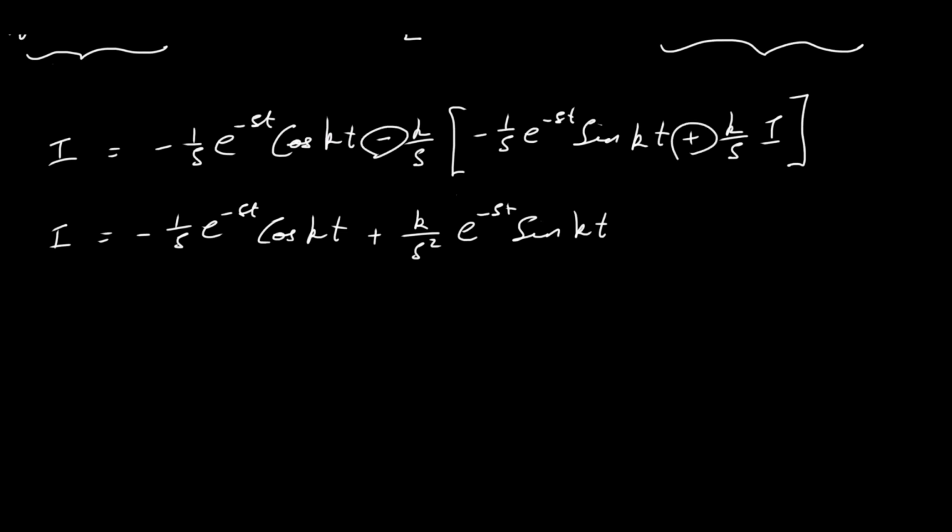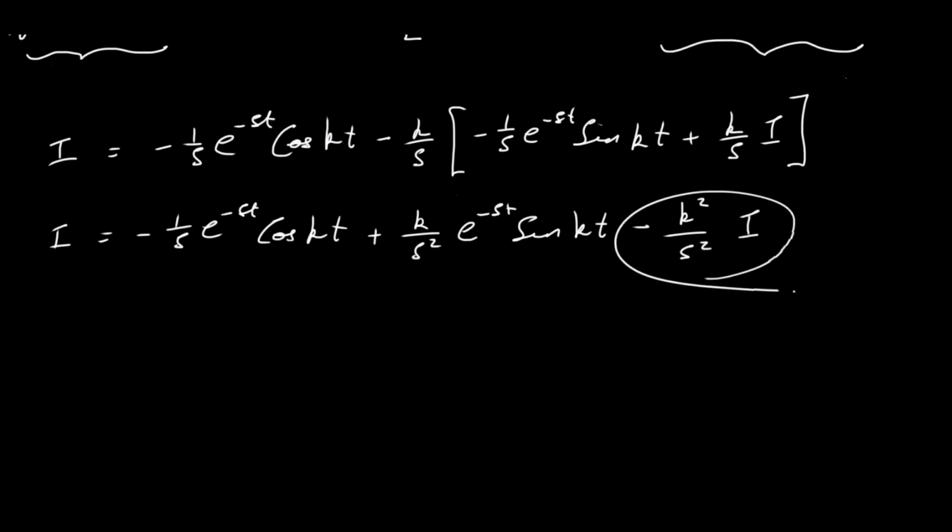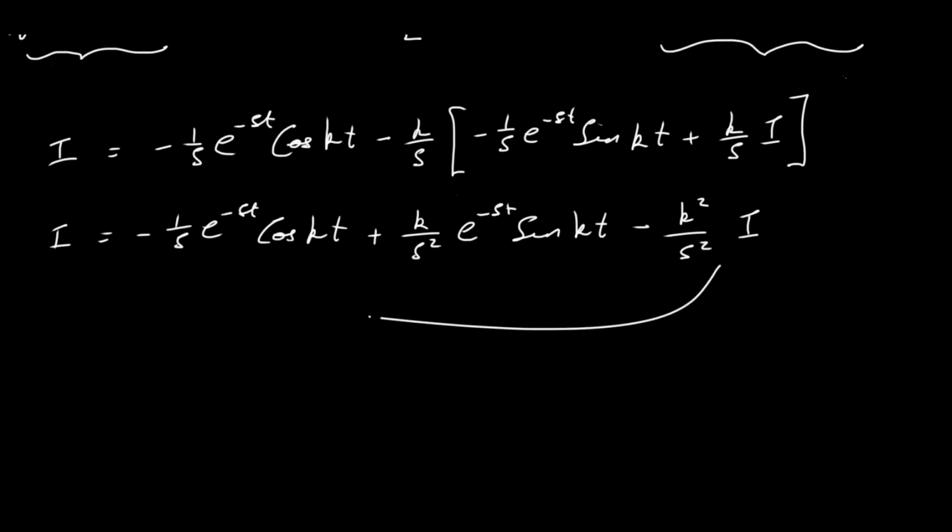We have minus times plus, which is minus. Got k squared on the top, and we have s squared on the bottom, and that's times I. Now the next thing I'm going to do is take this term here with I in it and bring it over to this side here. So that'll give me I plus k squared over s squared times I is equal to everything else that's left.